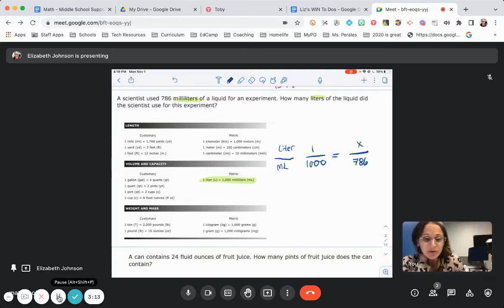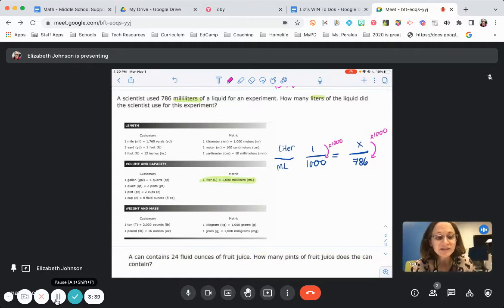Now I need to solve this proportion to find the numerator. This time I'm going to look at relationships within my ratios. So in other words, how do I get from my numerator to my denominator? Well, I know that 1 times 1,000 is 1,000, or 1,000 divided by 1,000 is 1, right? Therefore, x times 1,000 must equal 786.